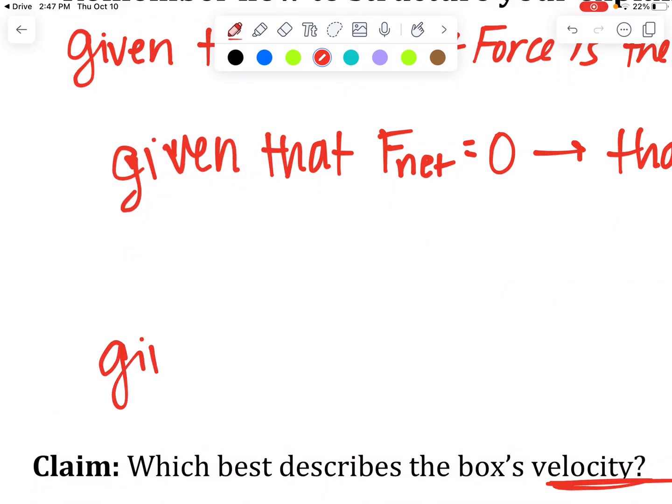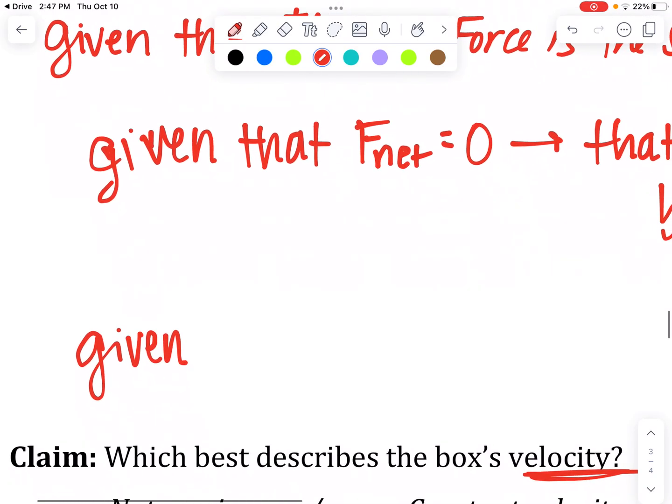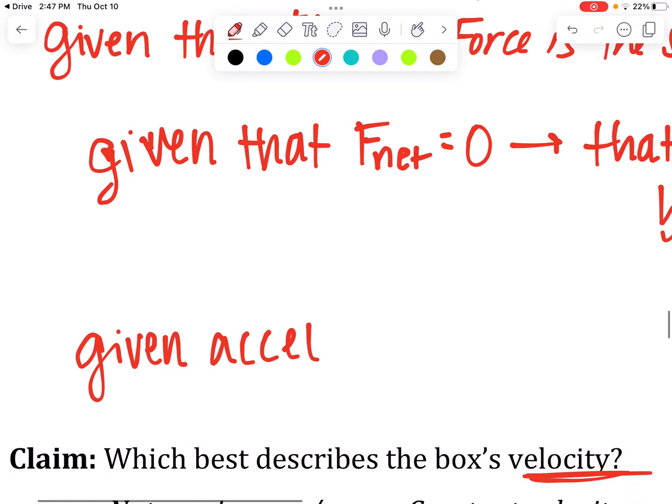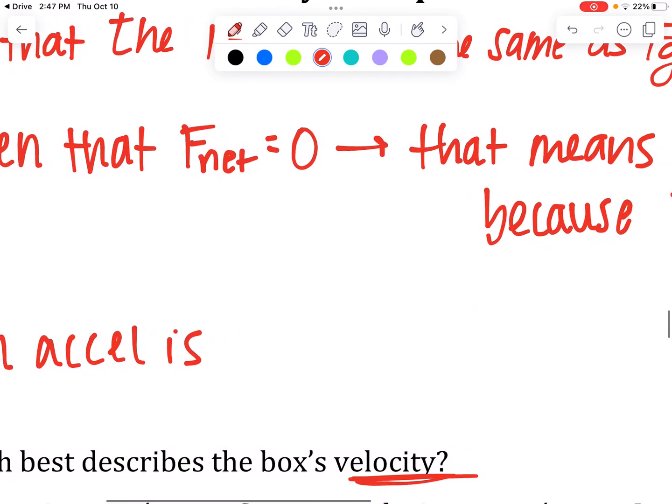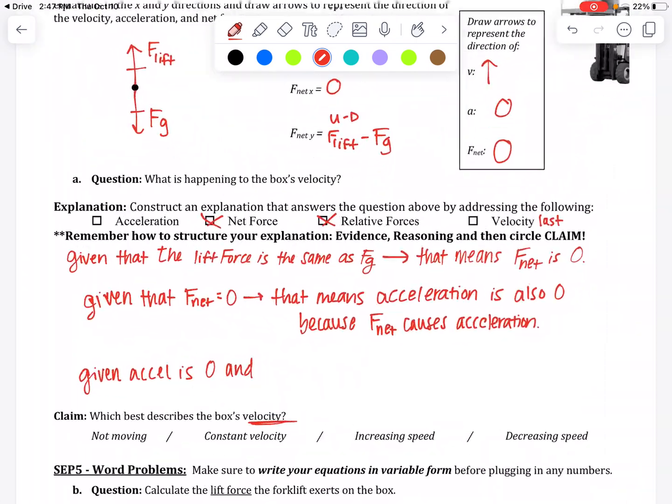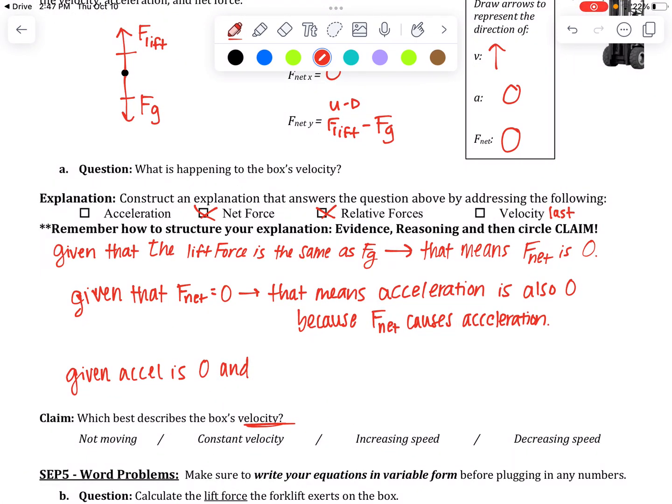So now, given acceleration is 0, and I need to know if the velocity, I know it's not going to be increasing speed or decreasing speed because acceleration is 0, but I need to know, is the velocity moving or is it not moving?